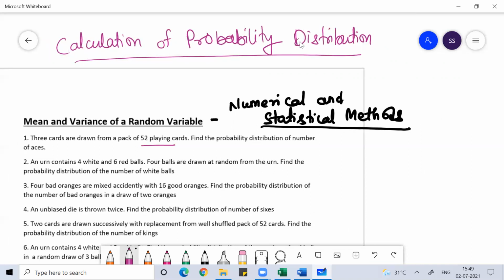When we talk about red cards, these red cards have two kinds of symbol. Either they have a symbol of heart, or they have a symbol of diamond. We call them a suit, S-U-I-T. So the red color suit is either diamond or heart.